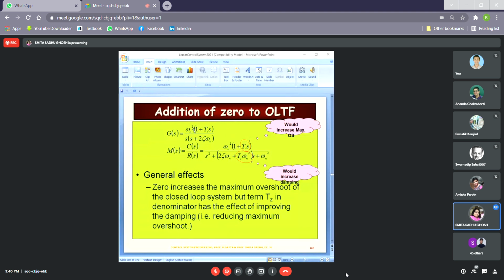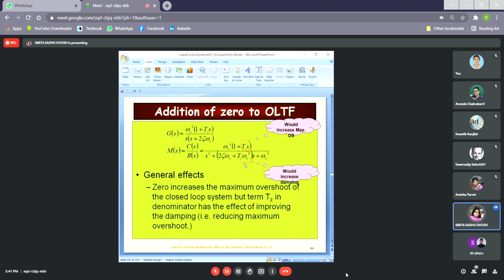Because of the addition of the 0, the closed loop transfer function has now become this. So what are the characteristics that you see in this transfer function? The standard second order transfer function has the denominator s square plus 2 zeta omega n s plus omega n square.